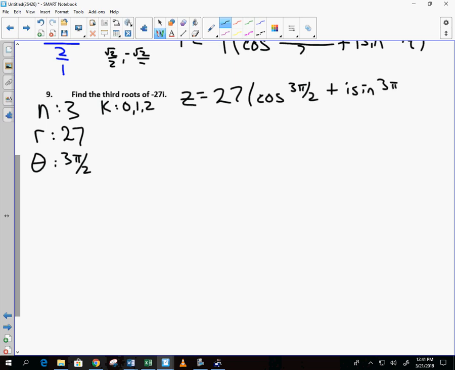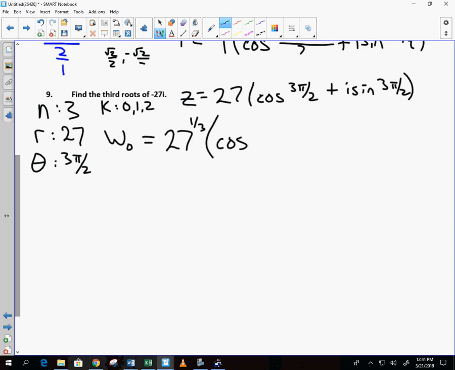Good. Okay, good. You guys carried me there. Am I done? No, and we're just beginning. So the goal is to find the cubed roots, the third roots. So what? W sub 0. Good.